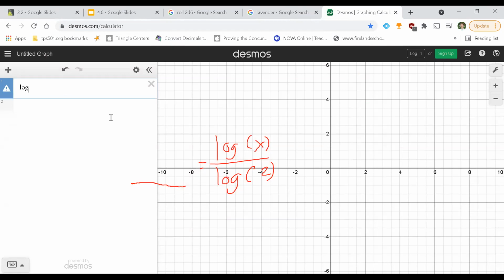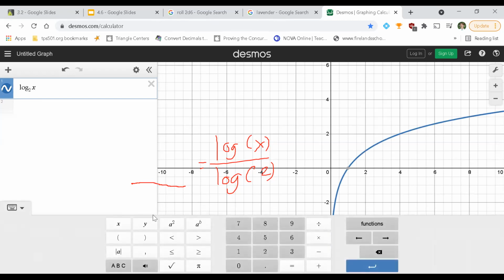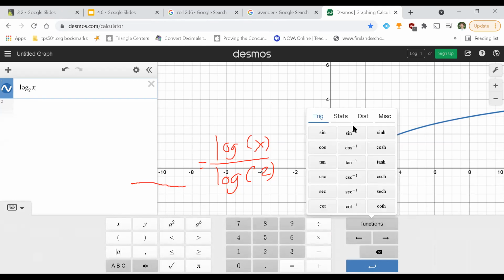To get the base to not be 10, here's what you have to do. You have to hit shift minus sign. That'll do the subscript. Or I believe if you pull up the calculator, there's a button here. Functions.